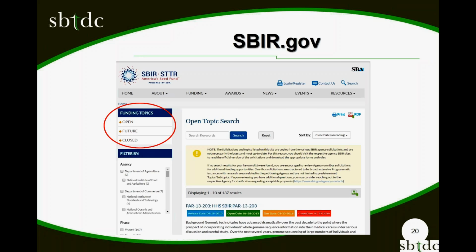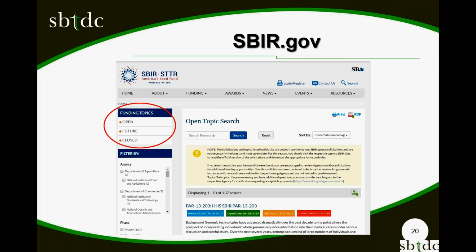That doesn't mean that you can submit a proposal for those closed solicitations. That just means that they've had a recent interest in that. And it's likely that they still have an interest, perhaps a little bit different than the one that you're looking at in the closed solicitations. They may still have an interest in that technology space in the next round of solicitations that they have that will open. Okay, so if nothing is open today, do a search for closed solicitations.